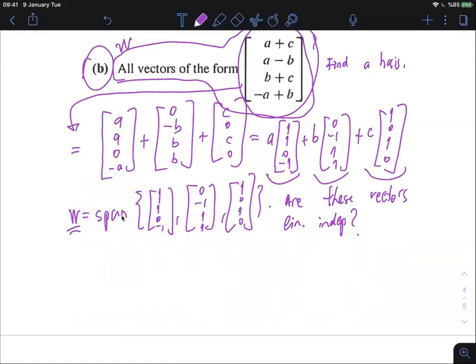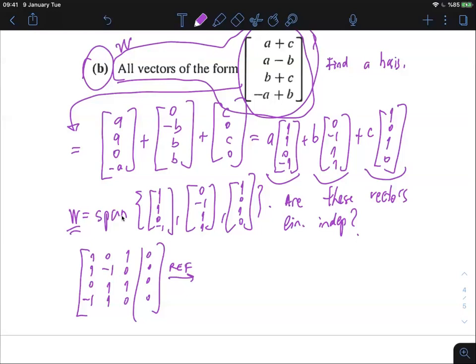Again, what we do is we write these vectors in this form. And then we can write zeros here, doesn't matter. And then we try to bring this into a row echelon form. And in the row echelon form, it will give us whether we have 3 leading ones or less than 3 leading ones. Okay.